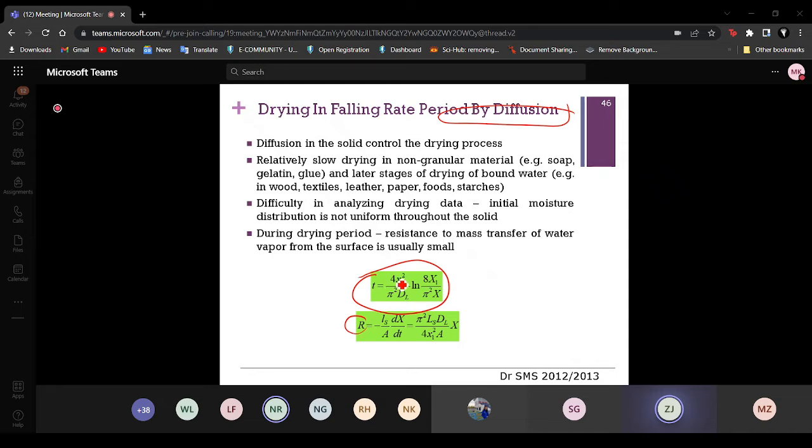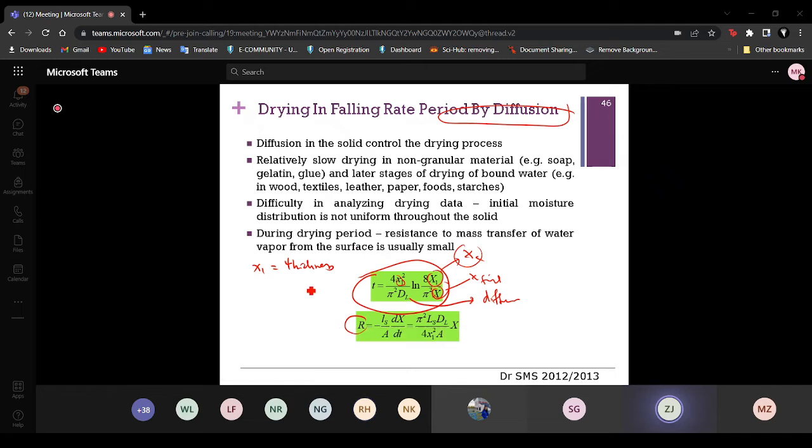So the time is 4 s squared over pi squared D, where small s is the thickness and D is the diffusivity, times ln 8 X1 divided by pi squared X. X1 normally starts at XC, and X here is the final X. You have capital X and small x: capital X is for moisture content, and small s is the thickness.